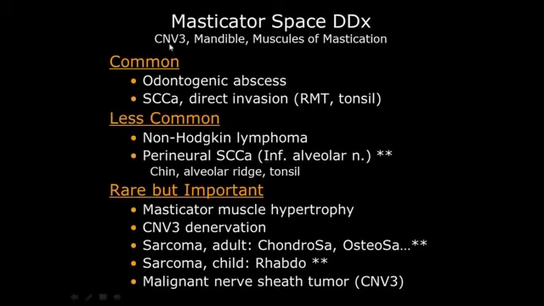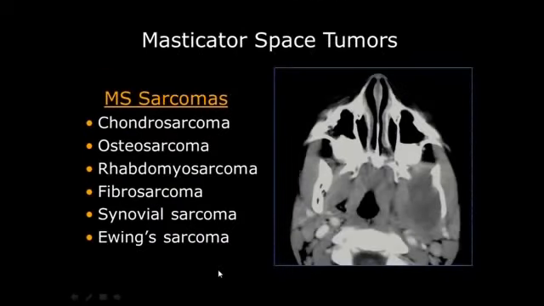Notice the contents: V3, mandible, muscles of mastication, and mandible teeth; an abscess, squamous cell carcinoma that can invade there, non-Hodgkin's lymphoma, perineural tumor along V3. I showed you one of those when we were in the oral cavity. Masticator muscle hypertrophy, cranial nerve V3 denervation, sarcoma, and malignant nerve sheath tumor, which may also be a sarcoma.